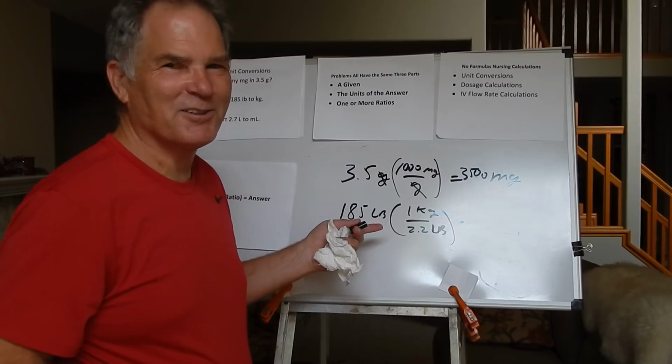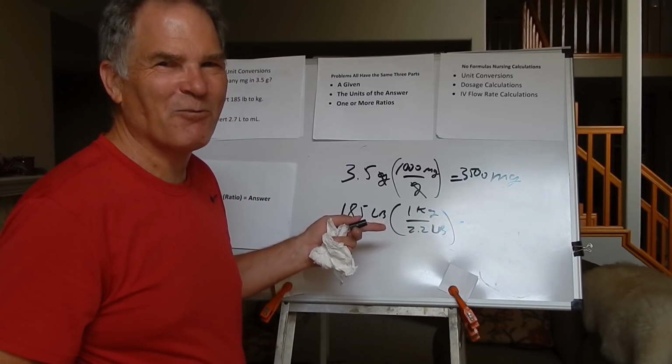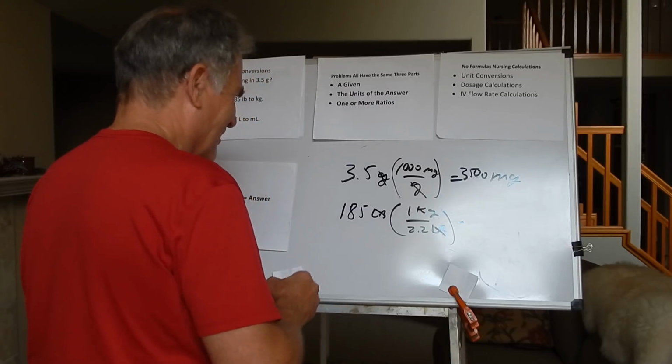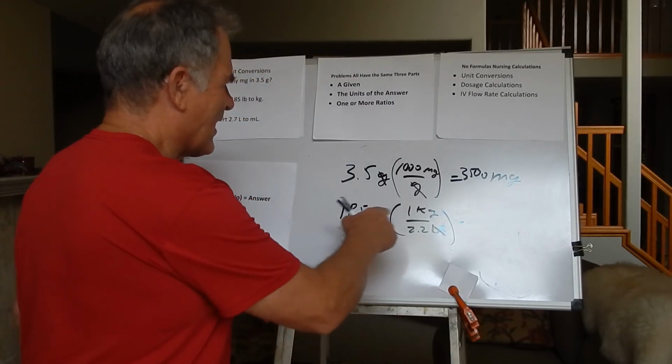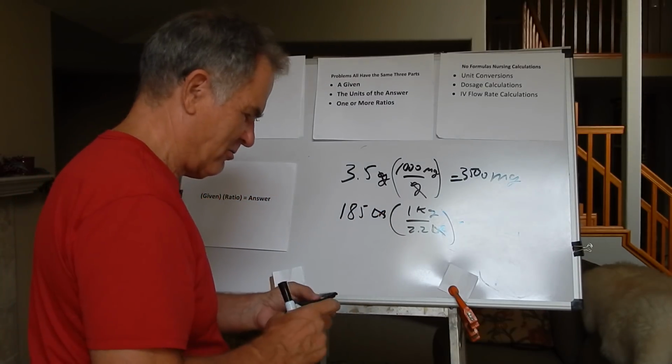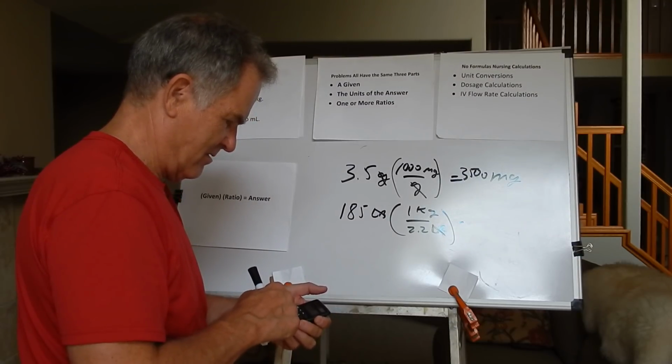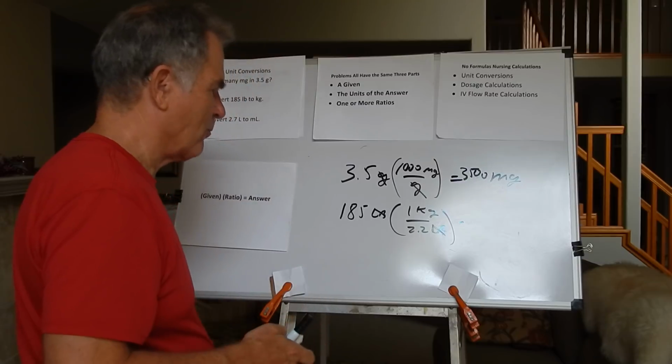That's the beauty about this system. If you goof up, you know right away. So 185 divided by 2.2 is about 84.1.